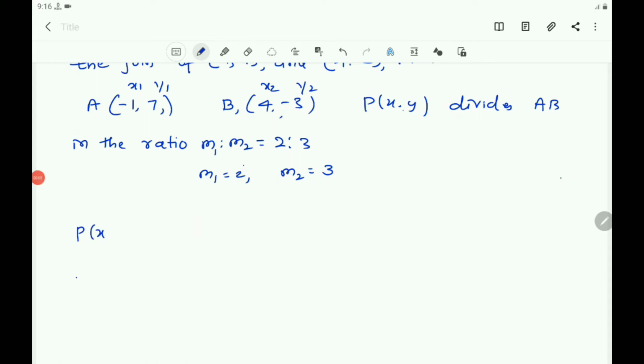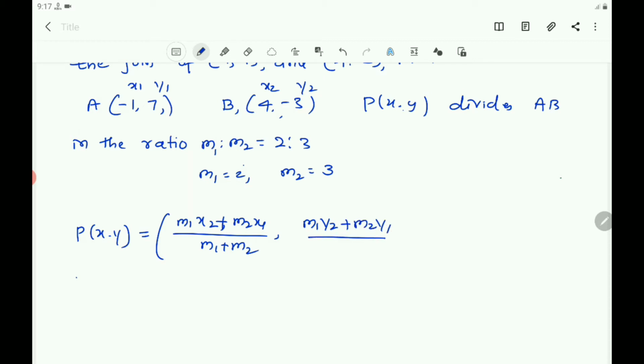P of xy equals m1 x2 plus m2 x1 by m1 plus m2, m1 y2 plus m2 y1 by m1 plus m2.